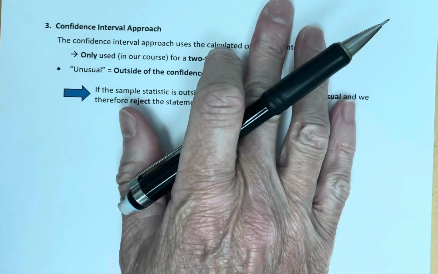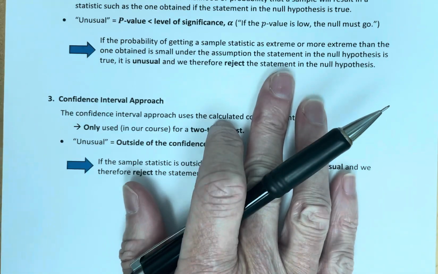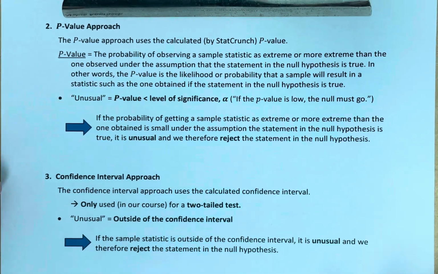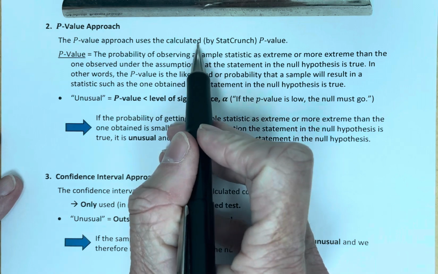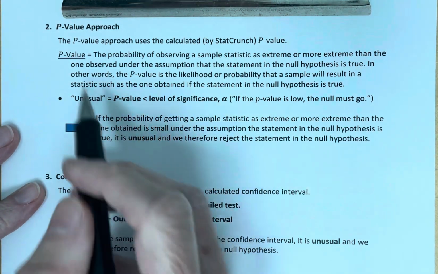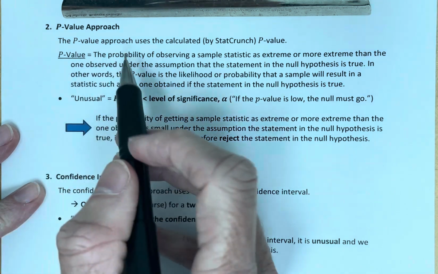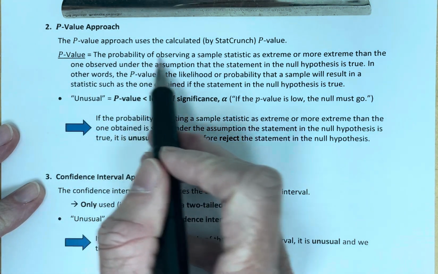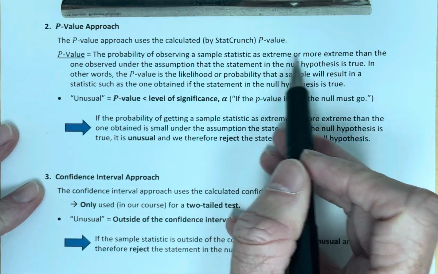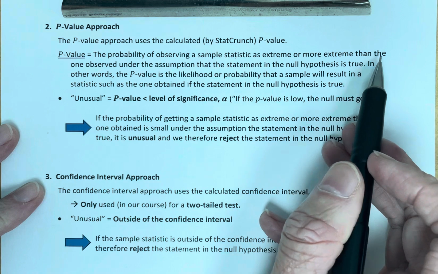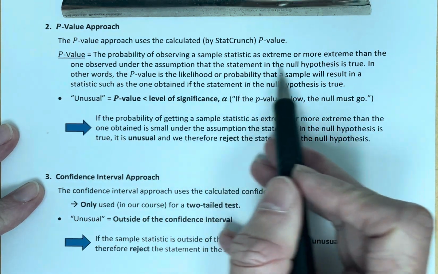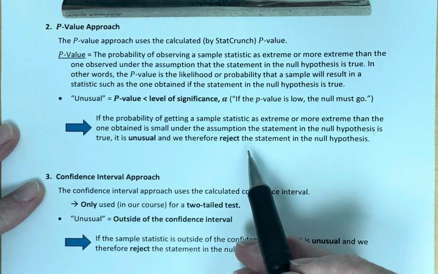Okay, the p-value approach, which we're going to work with, is a second approach for testing hypotheses. It uses the calculated p-value, which of course we're going to get with StatCrunch. So what is the p-value? The p-value is the probability of observing a sample statistic that is as extreme or more extreme than the one observed under the assumption that the statement in the null hypothesis is true.